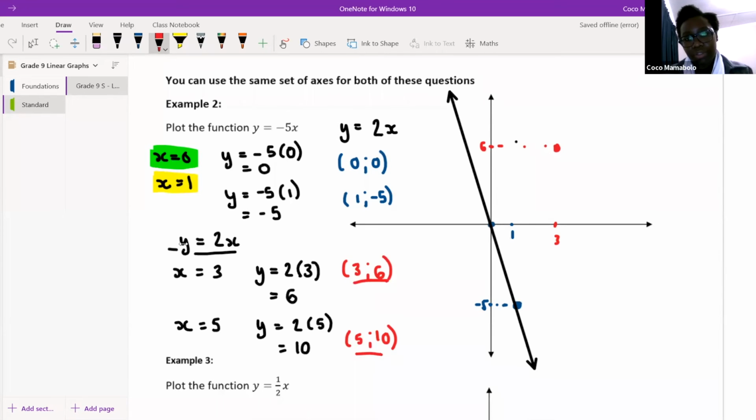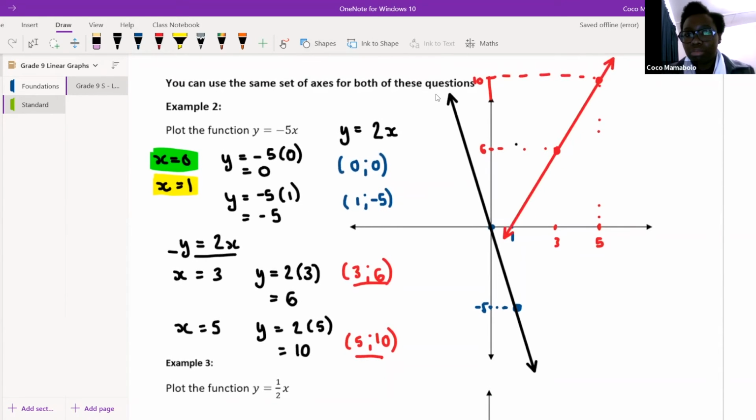And then I'm going to plot 5 and 10. So I'm going to go to my x value where it's 5, and 10 is probably somewhere up here. I'm going to go to where they meet. Over there. And there's my other point. Now that I have my 2 points, I just need to pick up my ruler and join them like that.